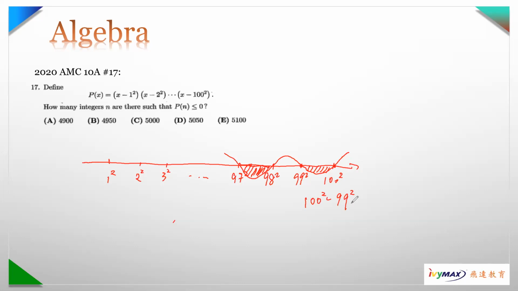Think about that. This is a very common mistake. Let's say we have 1, 2, 3, 4, 5. How many numbers in total in this series? Pretty easy, we have 5 numbers. But if you use the last number minus the first one, that gives you 4 instead of 5, right?